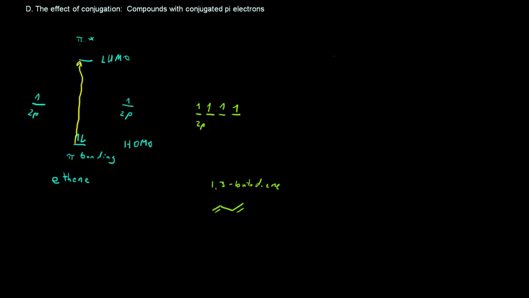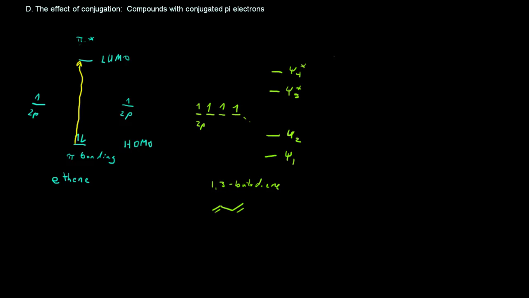And the convention that's often used is to represent these as psi. So psi1 would be the lowest energy bonding pi molecular orbital. And then psi2 would be another bonding molecular orbital. And then the antibonding molecular orbitals will be represented as psi star 3 and psi star 4.